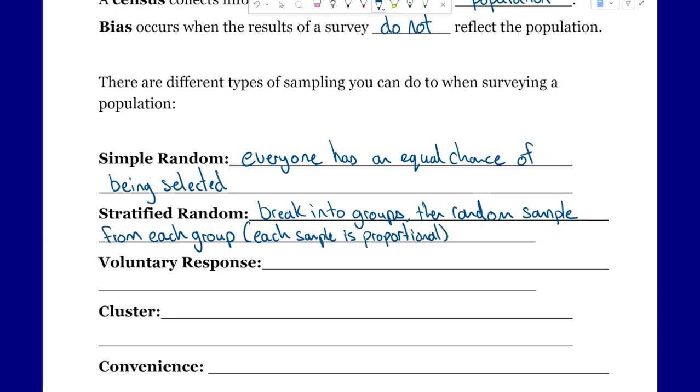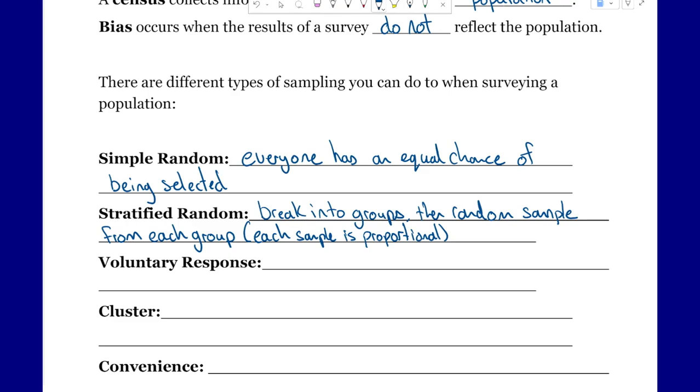So what that means is, say we're looking at a high school. We want to survey students. We have grades 9, 10, 11, and 12 in our school. If we wanted to do stratified random, we would break our population up into groups, which we could do by grade, and then we would take a random sample from each grade.